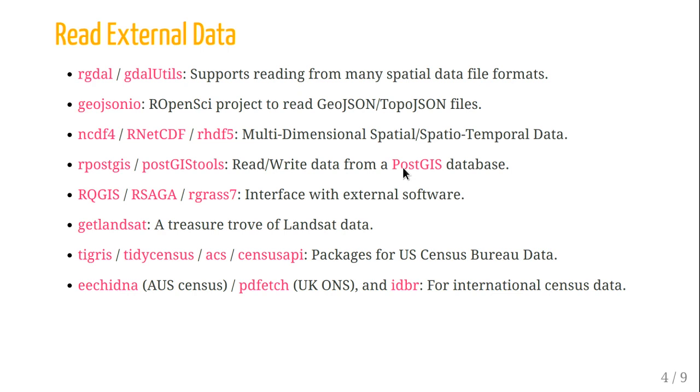But you will see that a lot of the time the multidimensional data, like climate data, ecology data, data that spans time dimensions, data that spans multiple bands of a satellite image, be they time or be they a band of a satellite image, tend to be stored in NetCDF, rnetcdf, rhdf formats.